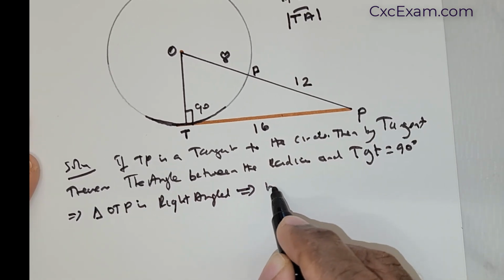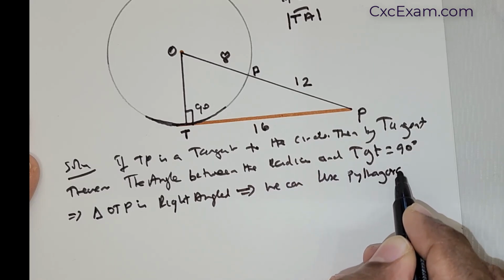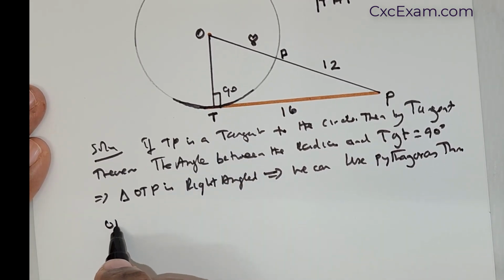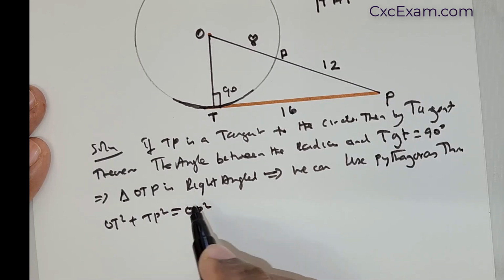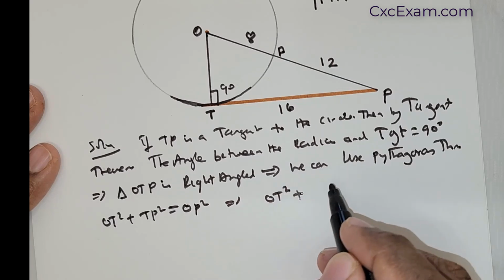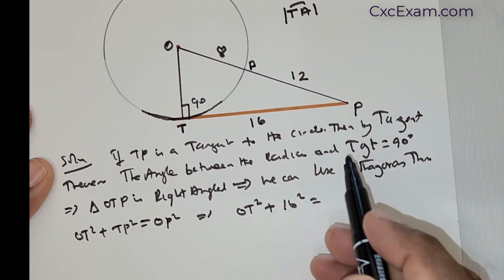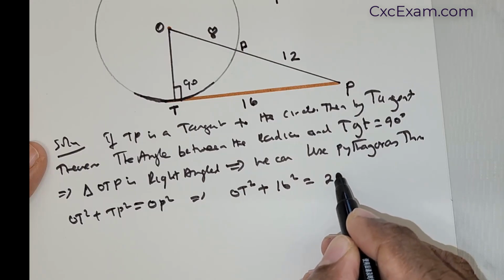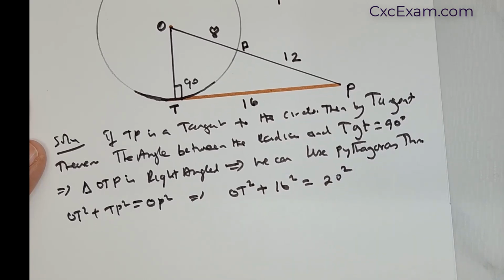So this in turn means we can use Pythagoras theorem. So by Pythagoras theorem, you have OT squared plus TP squared is equal to OP squared. So I do not have OT squared, but I have TP squared, and then this entire length is actually 20, right? 12 plus 8, so 20 squared.